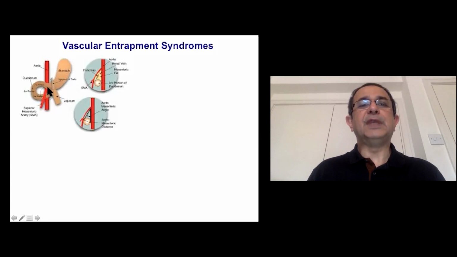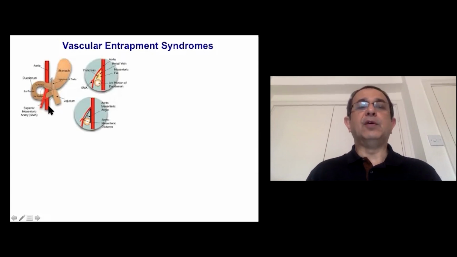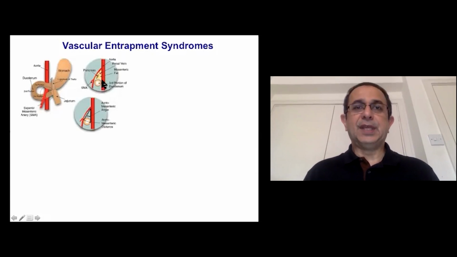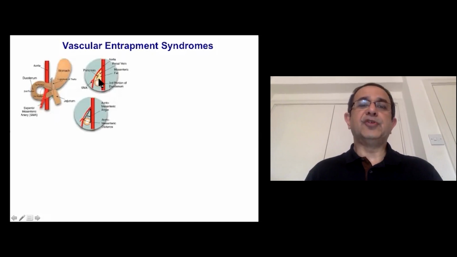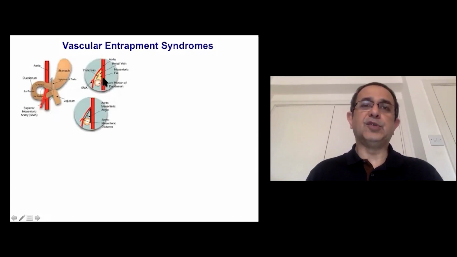It's above the aorta, so it goes in a gap between the superior mesenteric artery and the aorta. Now, in normal circumstances, the superior mesenteric artery is held apart from the duodenum by a fat pad. There's a fat pad which separates the superior mesenteric artery from the duodenum.